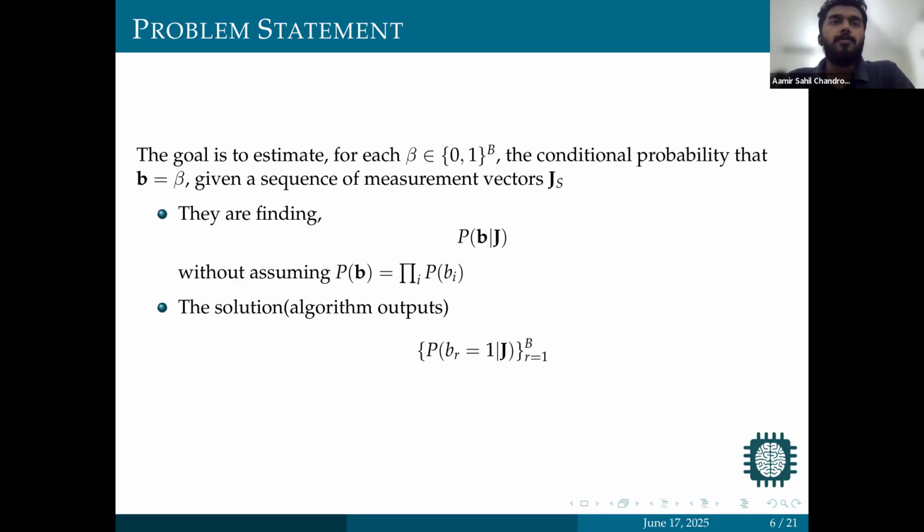The output of this algorithm would be the marginal posterior. For a particular cell, what is the probability that the cell is occupied given the previous measurements? That's what the equation is basically trying to find out.